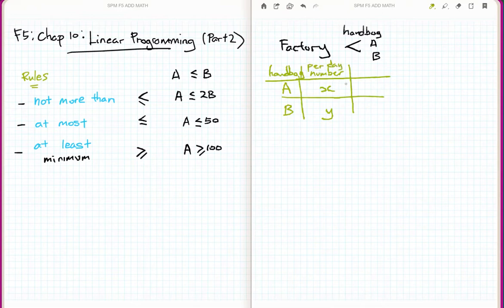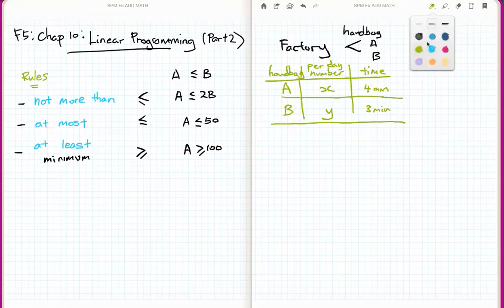Then the time taken to do the final touch-up is 4 minutes for A, so the time per unit is 4 minutes, and 3 minutes for B. It will be quite clear if you put it into a table. And the production is subject to the following constraints. Then we summarize the information into our answer.